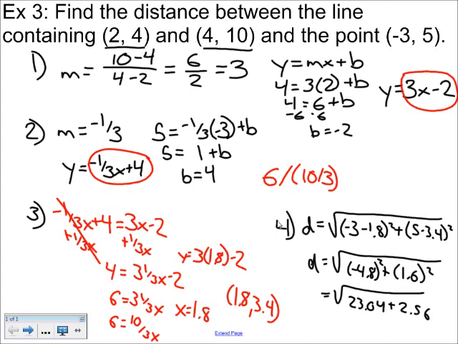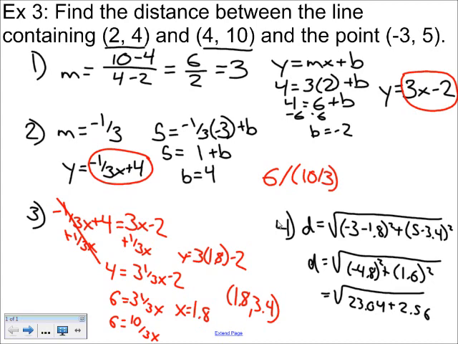Then add them, so 23.04 plus 2.56, and then take the square root of that. I probably want you to go ahead and get me the decimal square root.